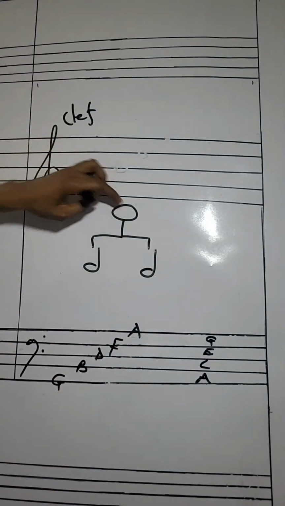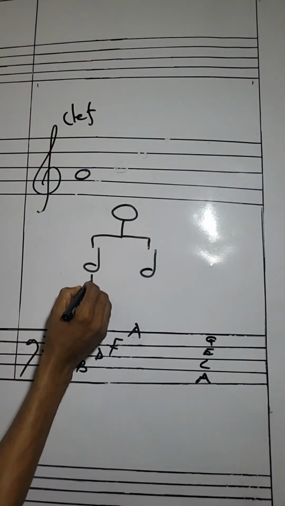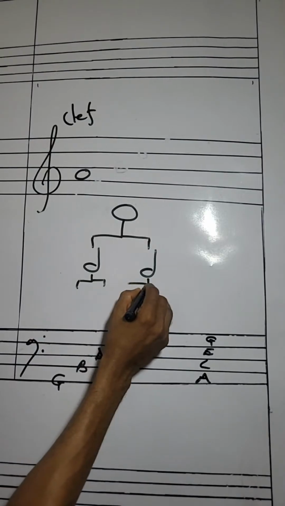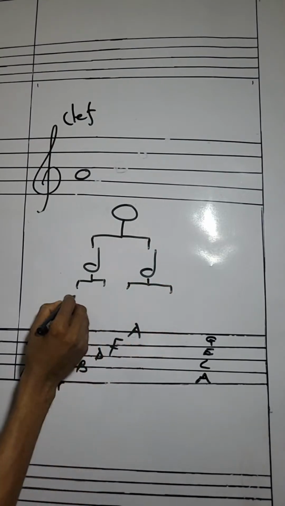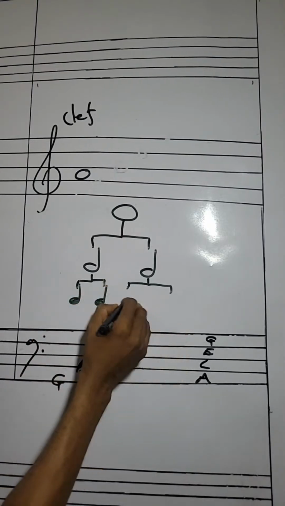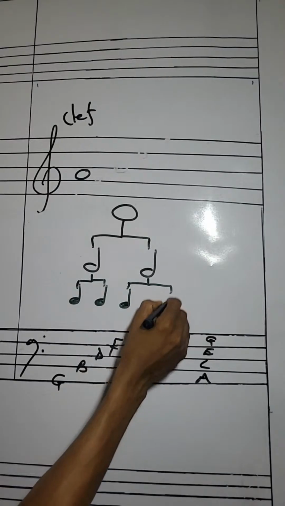We have a whole note here, and under it, we can then provide 4 crotchets. So you can do this exercise on your own. Add other smaller notes.